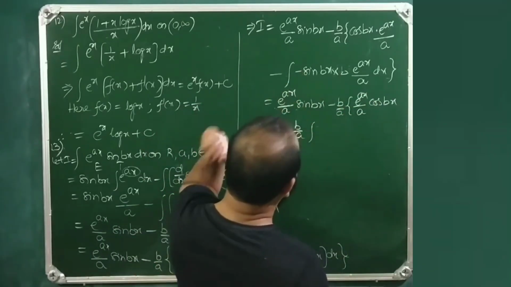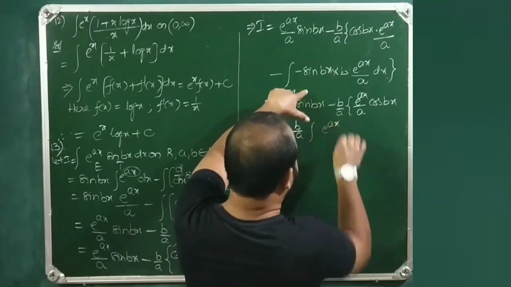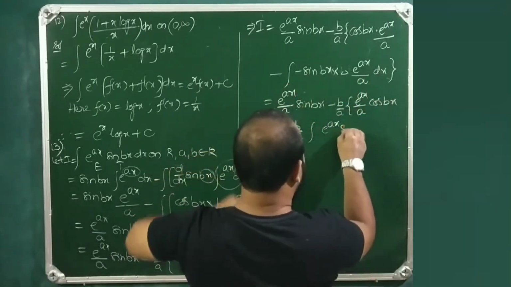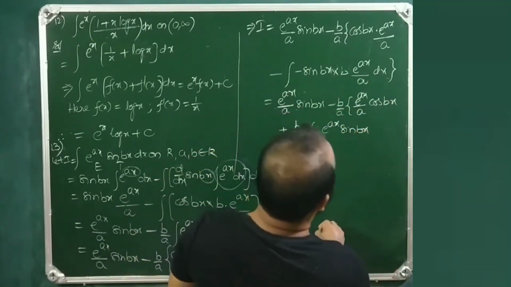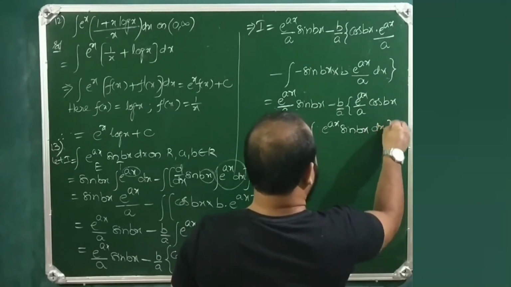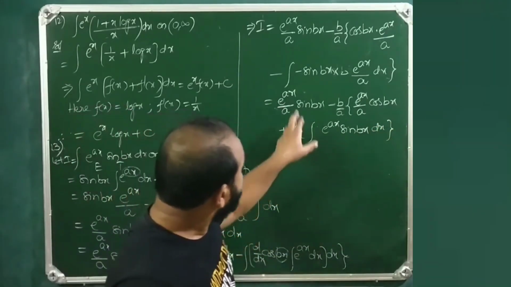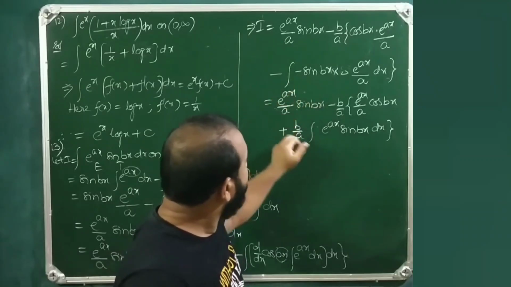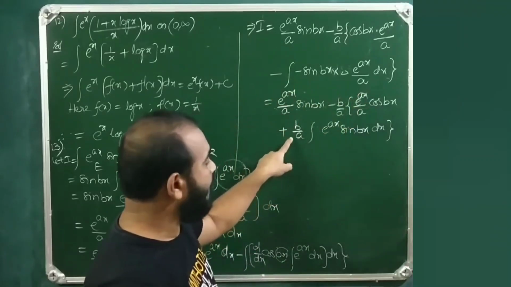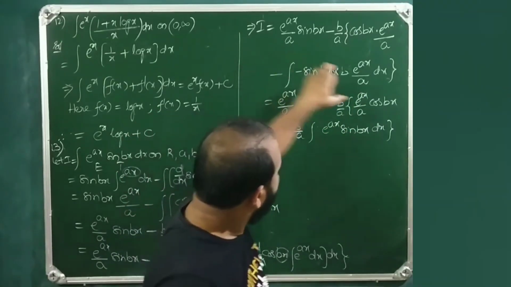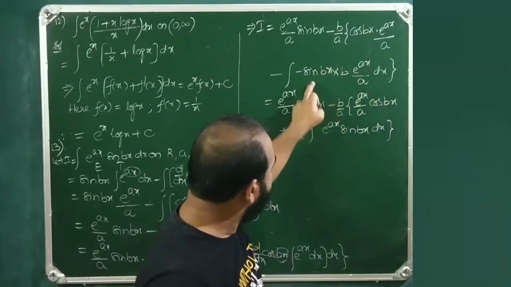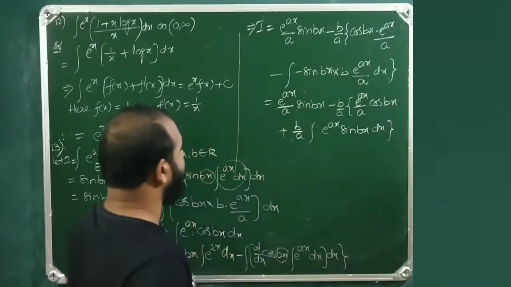This is e power ax into sin bx dx, bracket closed. So b by a I have separated from the process of integration: integral e power ax into sin bx dx.